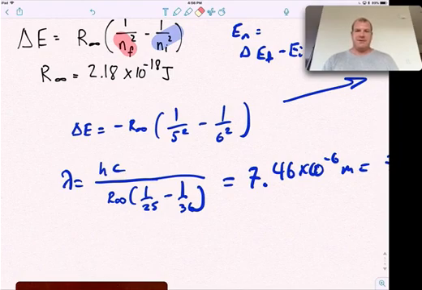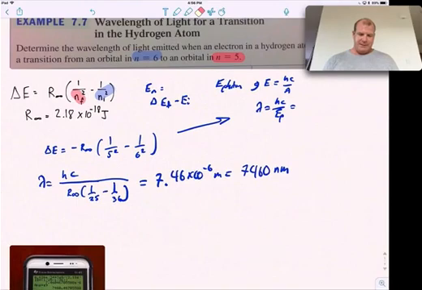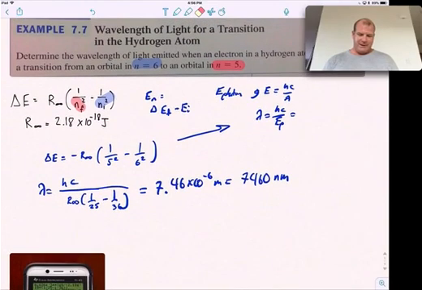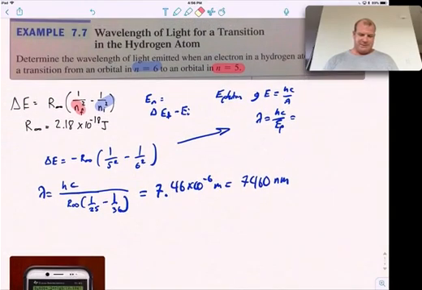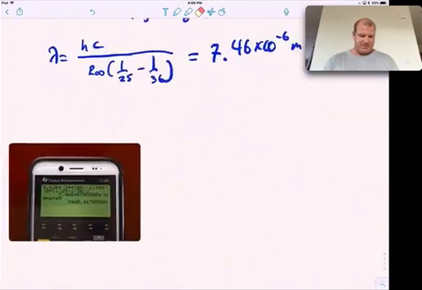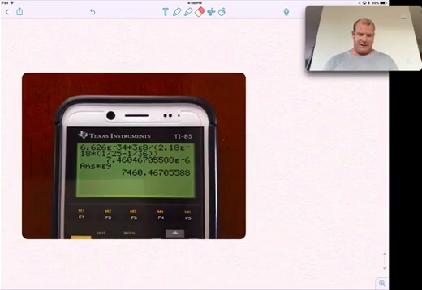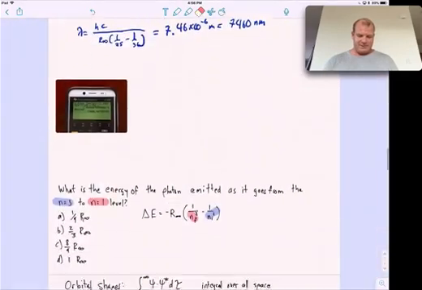So the denominator being big makes the number smaller. For me, I always check to make sure the math's right, and I keep in my mind that it has to be positive because the energy is positive. And this is how I put it in the calculator, like that, and now I made it to nanometers.